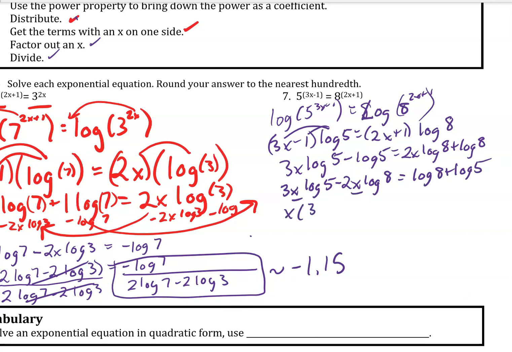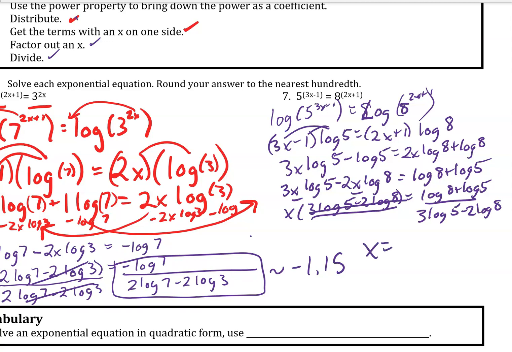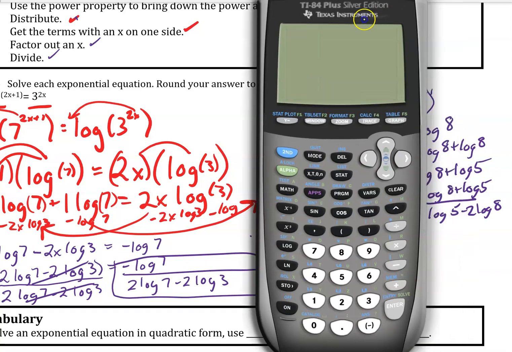X times 3 log 5 minus 2 log 8 equals log 8 plus log 5. I'm going to divide by this term, 3 log 5 minus 2 log 8. So those cancel out. I'm left with x equals, work for the calculator.